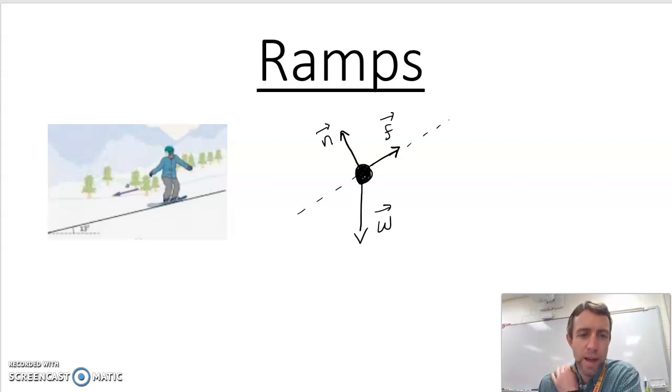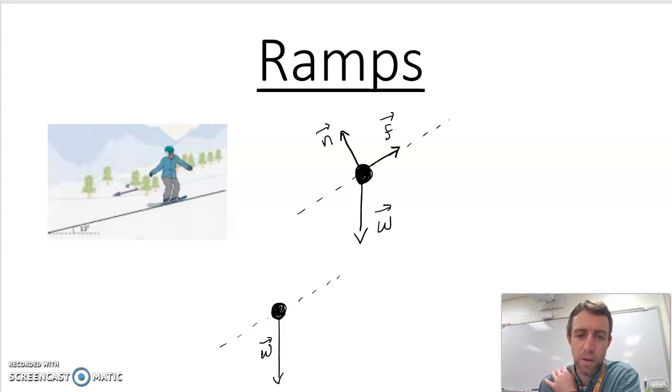Let's say the object's moving at a constant speed. If the object's moving at a constant speed, then this frictional force is equal to the downhill component of the weight force. Let me draw this a little bit bigger. So we have the weight force going down.